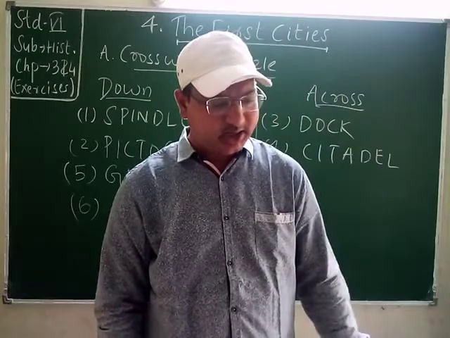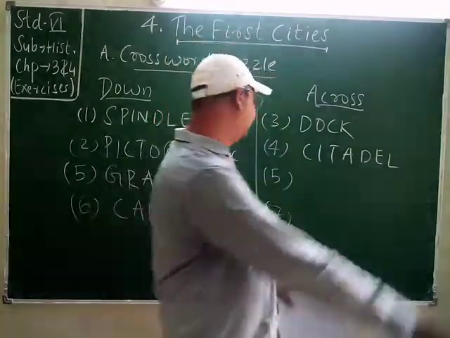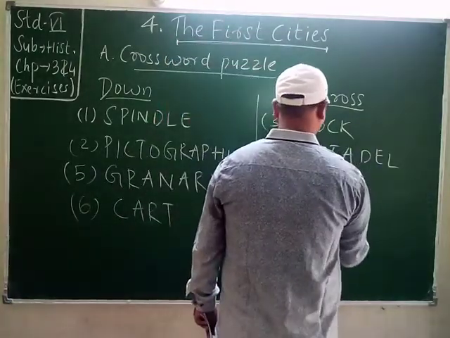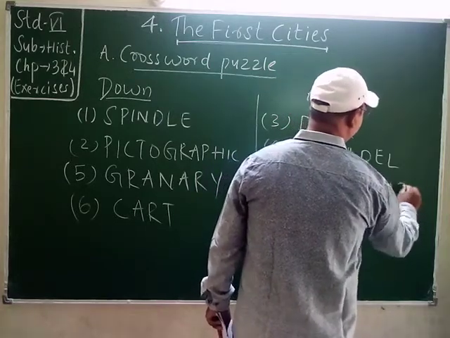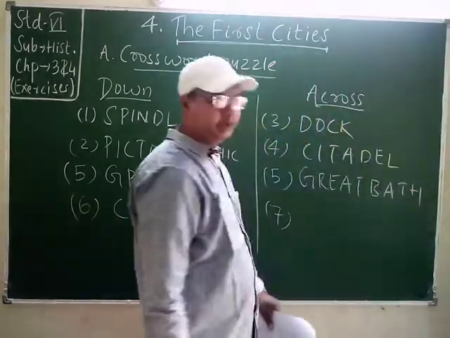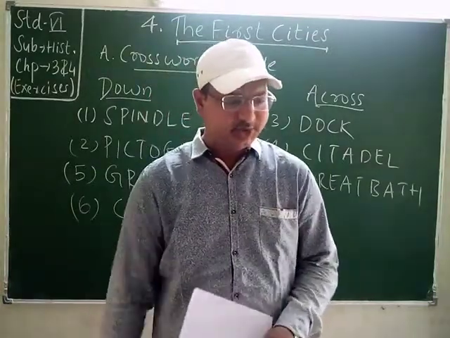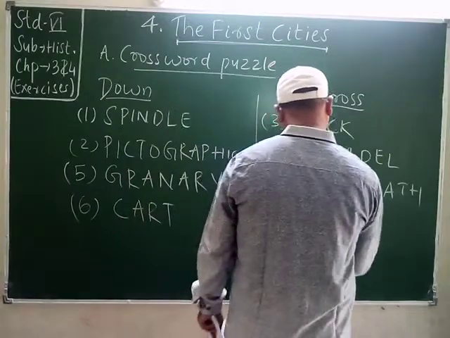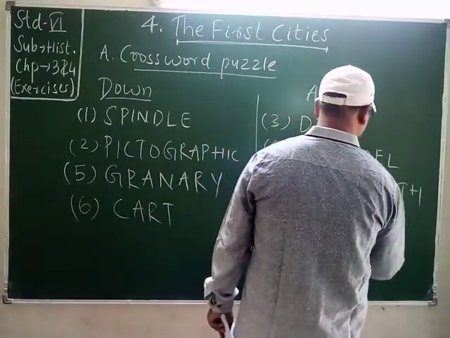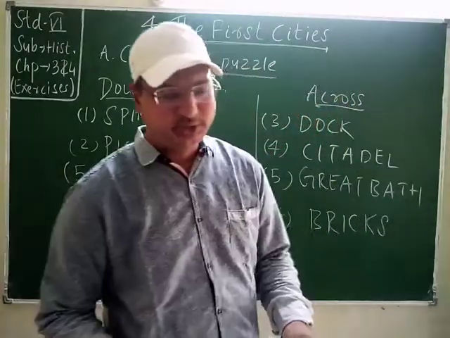Large rectangular tank at Mohenjo-daro used for common bathing. That is called a great bath. It is very easy. Number 7, used by the Harappans to build the buildings and walls. Bricks. Students, it is a very easy one.